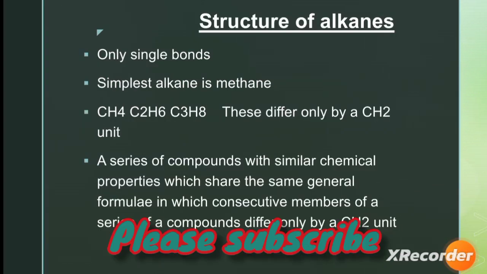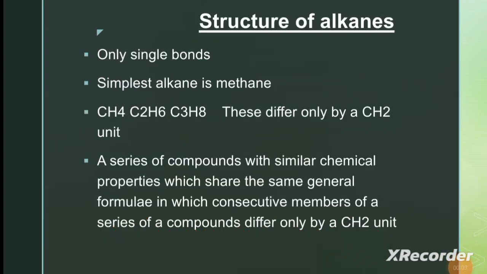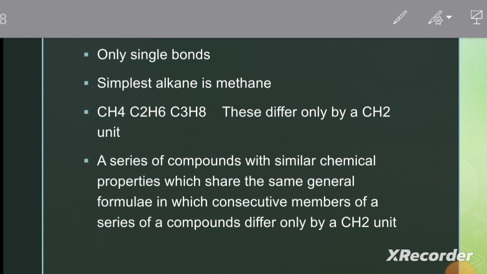Then we will discuss the structure of alkanes. In alkanes, there are only single bonds between carbon and every other atom. Right? The simplest alkane is methane. 1 carbon and 4 hydrogen.